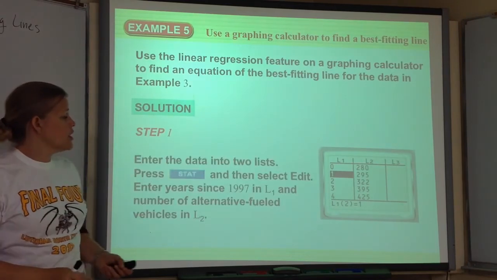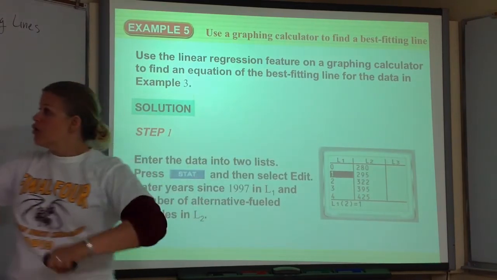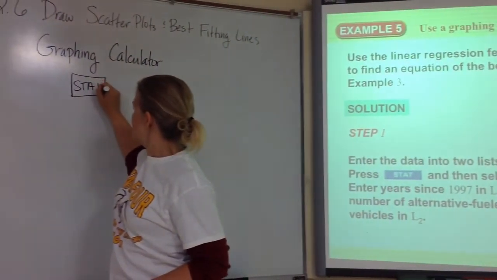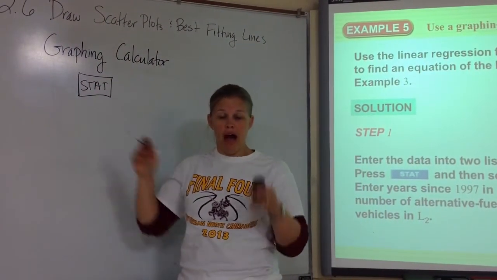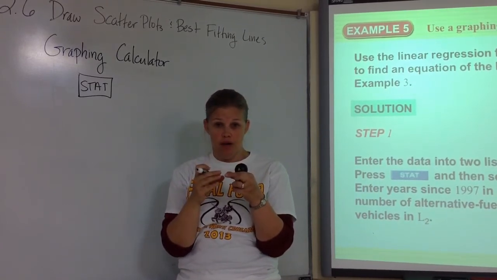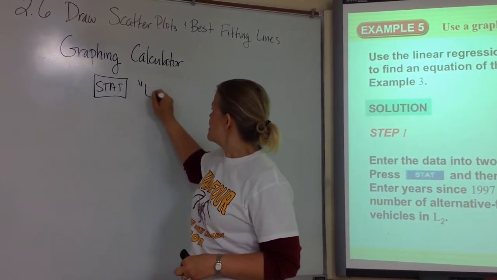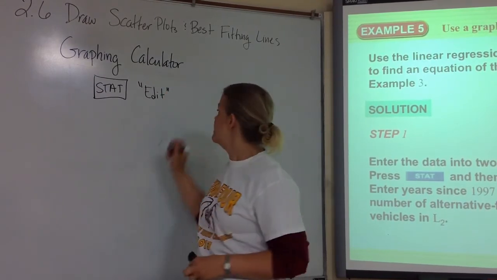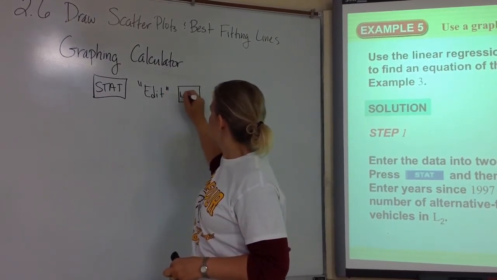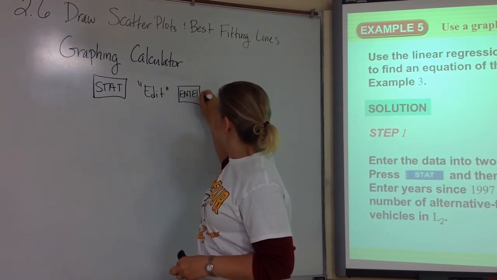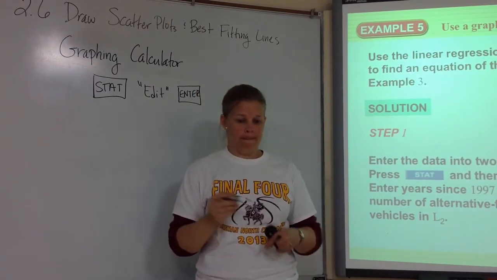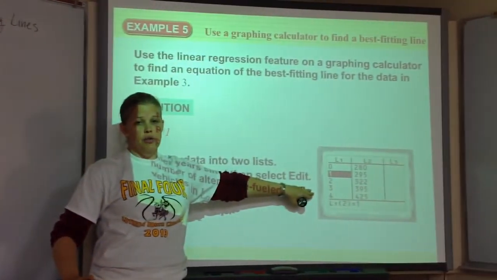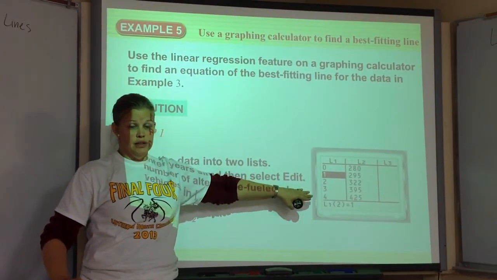Okay, the first thing you're going to do is press the stat key on your calculator, and if you notice I put it in a box so you know it's a key. Alright, then you'll see the choice edit, and it's already on edit. So then what you're going to have to do is press enter. Okay? It'll give you this screen that has the L1 and the L2 in it. Okay?